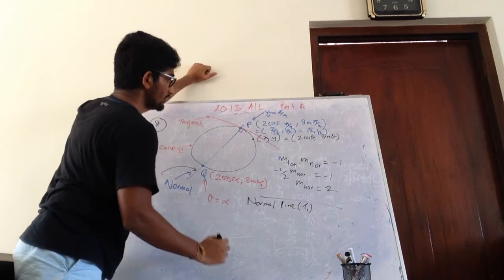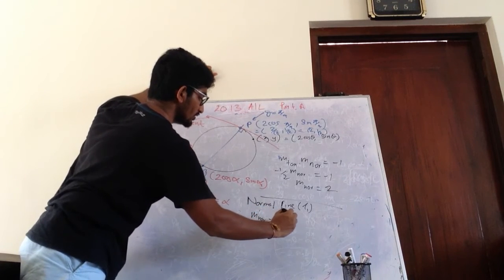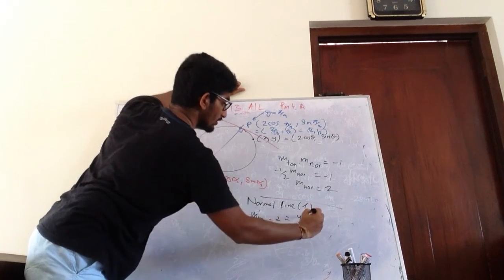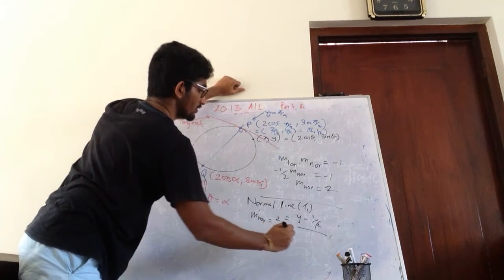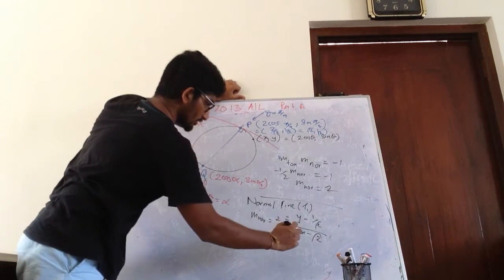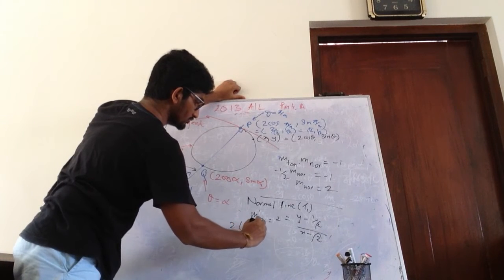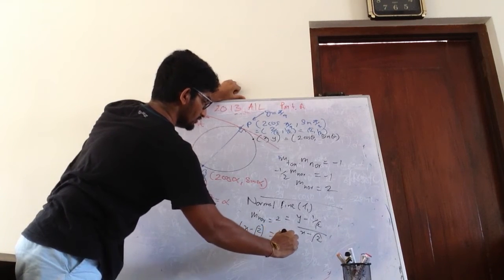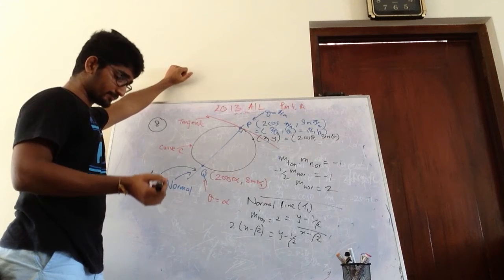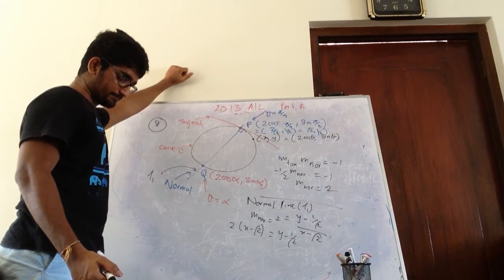That can be written as: the gradient of the normal is 2, so 2 is equal to y minus 1 over root 2, over x minus root 2. Correct? So then you will get 2 times x minus root 2 equals y minus 1 over root 2.